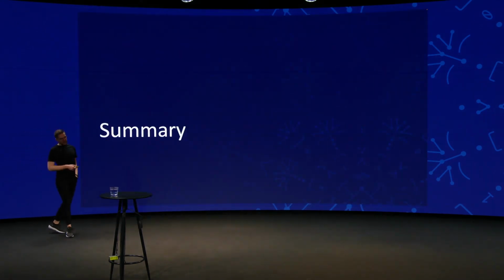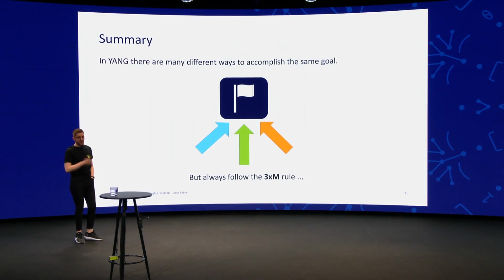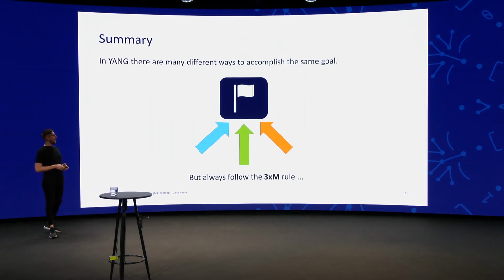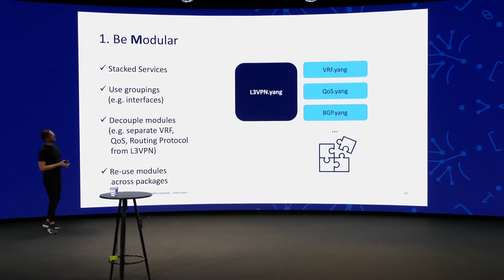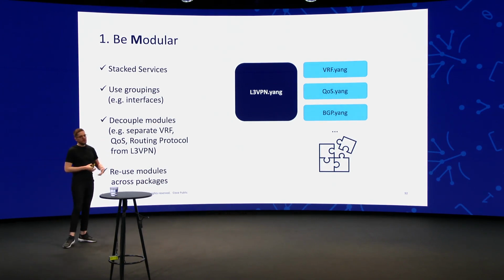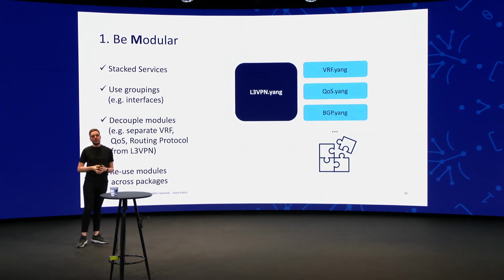And going to the summary right now, I was telling about this 3M rule that I'm always following in my developments. So as I said, there are many different ways that you can accomplish the same goal, but following the 3M rule, be modular always. If you are developing a big service, let's say L3VPN, split it up into smaller services, even based on the stack services, smaller RFS packages like a VRF, QoS, BGP, whatever you have else there.